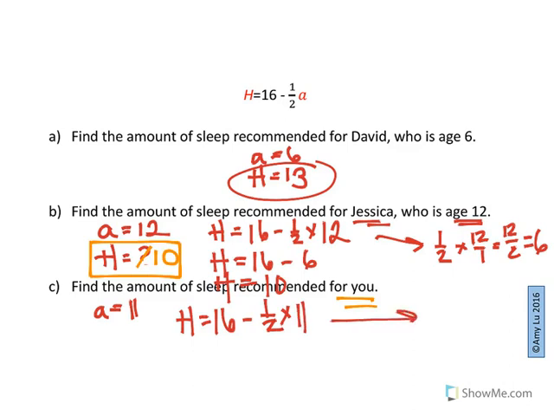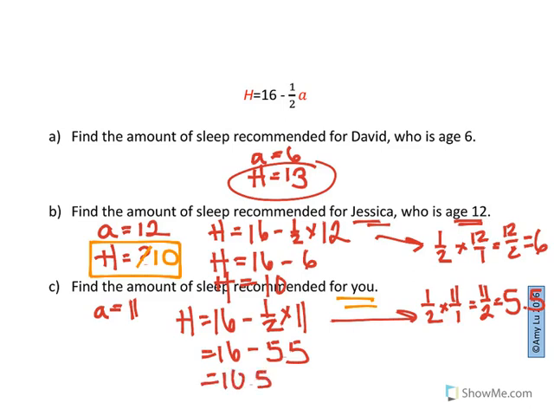And to do this one to the side, 1/2 times 11 over 1, that's 11 over 2. So if you simplify this, this becomes 5.5. And then that becomes 16 minus 5.5. And that will give you 10.5. So if you're 11, you need 10.5 hours of sleep.